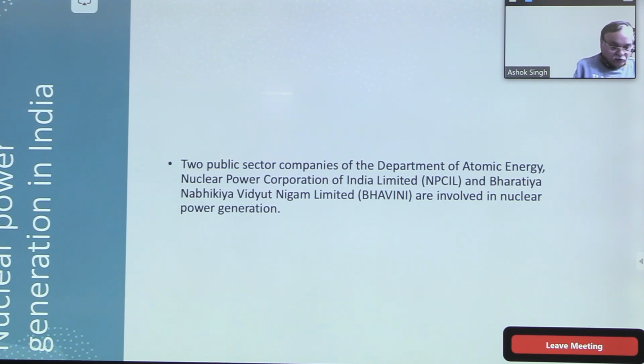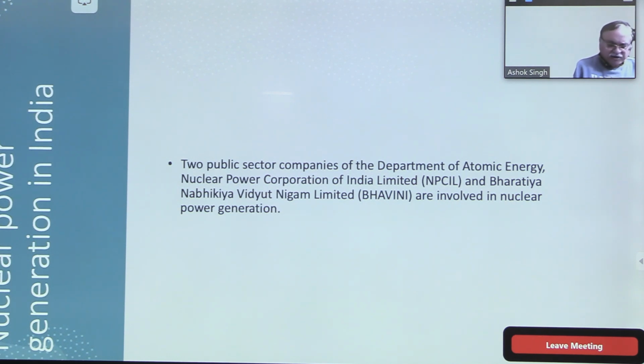Therefore, it includes, among others, the National Security Advisor. He is also a member of the Atomic Energy Commission, the Cabinet Secretary of the Government of India, the Foreign Secretary. They are all members of the Atomic Energy Commission.